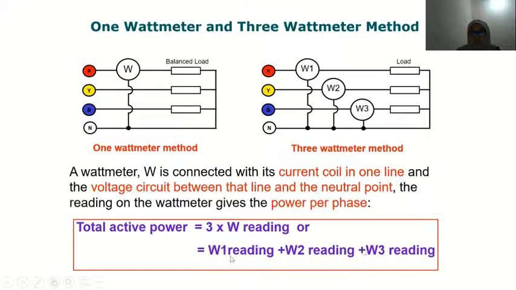The summation of these 3 readings should be equivalent to the 1 wattmeter reading times 3. So these two methods can be used to get the balanced load power reading.